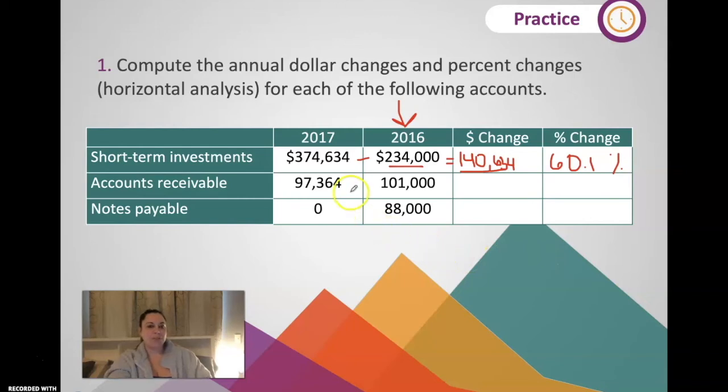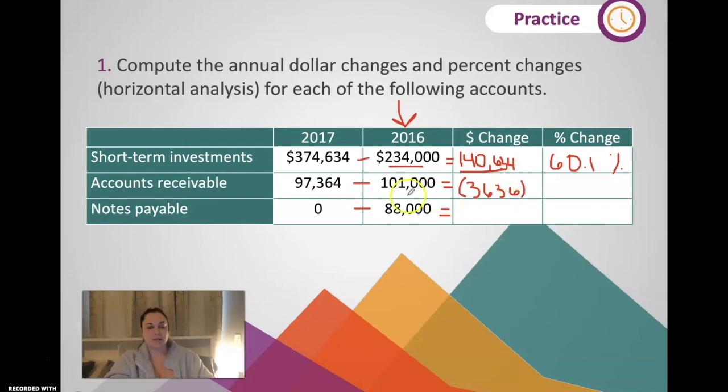And we're just going to do this for each line. Same thing with accounts receivable and notes payable. For accounts receivable, 97,364 minus 101,000. I got a negative, so you can use a negative sign, or I just use parentheses. 3,636.